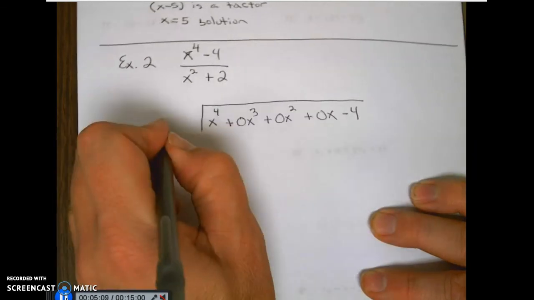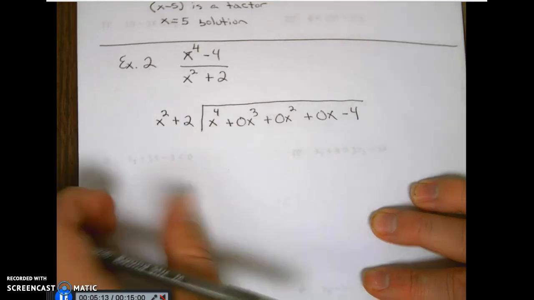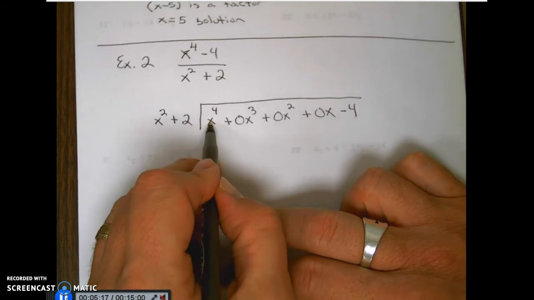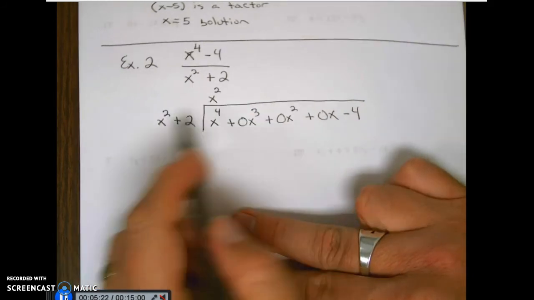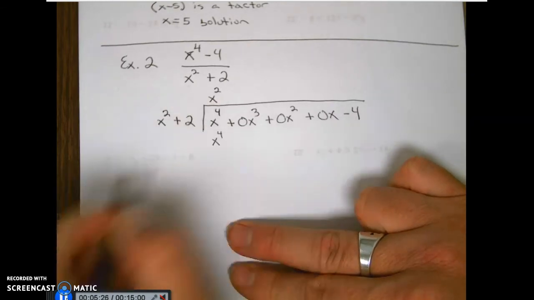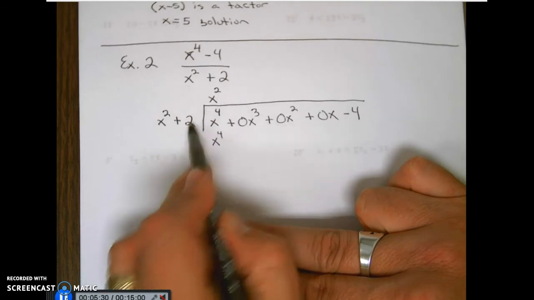Okay, dividing that by x squared plus 2. Same process as before. X squared times what is x to the 4th? So, multiplying this times both of these, we get x to the 4th. X squared times 2 is 2x squared.